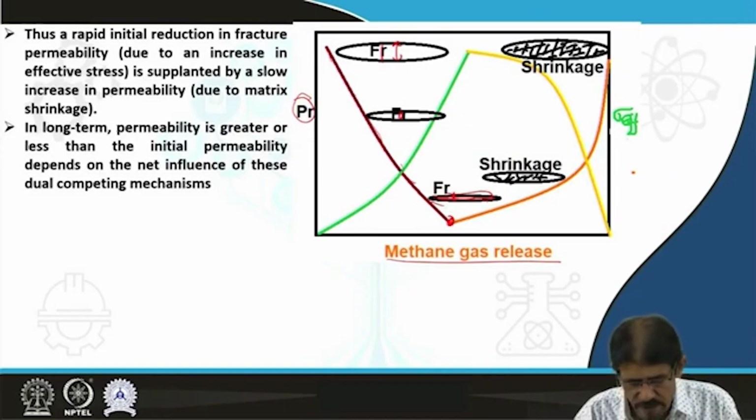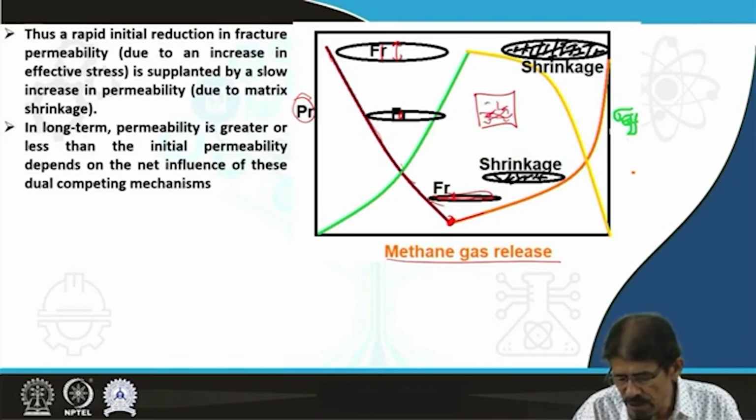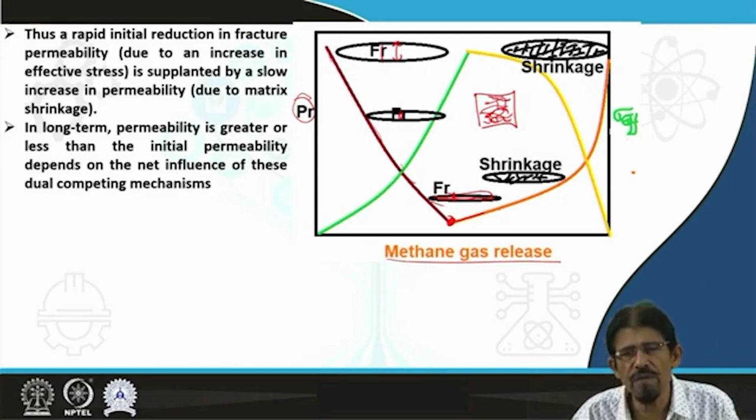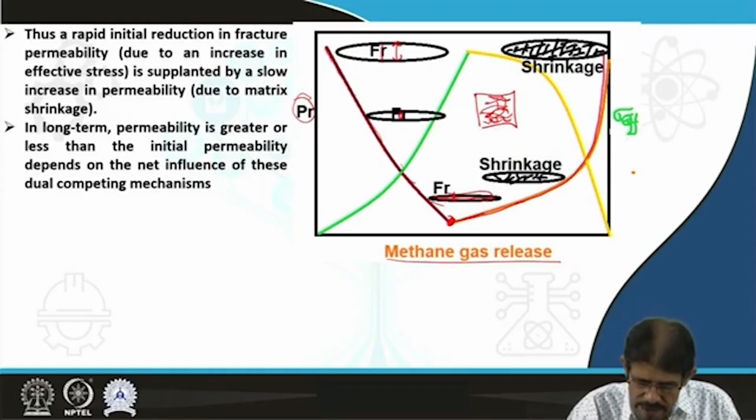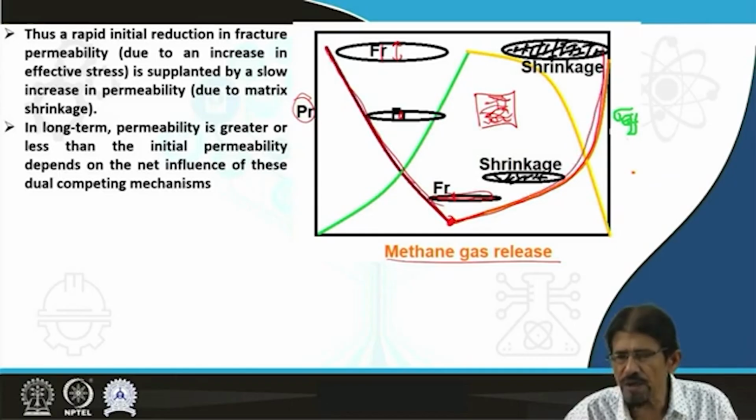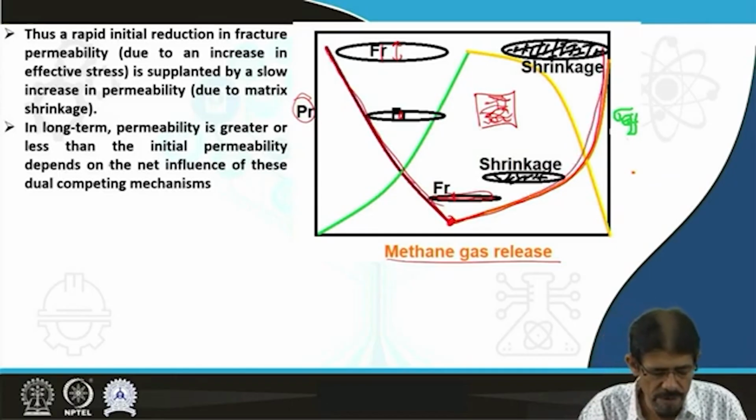Later on, the release of methane from the coal matrix results in shrinkage-induced formation of fractures and cracks, as well as widening of existing fractures, resulting in dilation and increase in permeability. So on one side there is a decrease in permeability or porosity, and on the other side an increase in permeability and porosity.